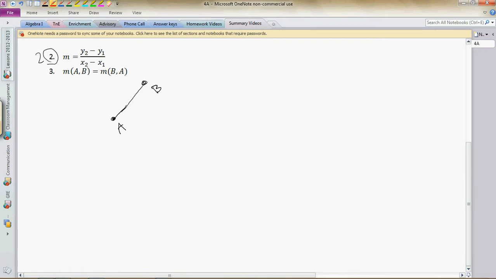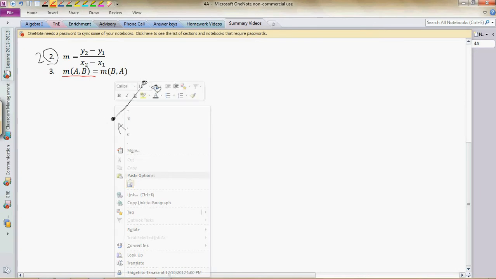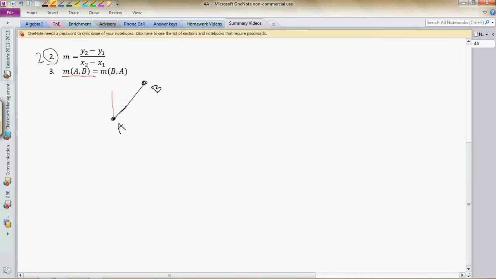So the slope between A and B is the slope from A to B. So we go up, let's say A spaces, and then you go over B spaces.